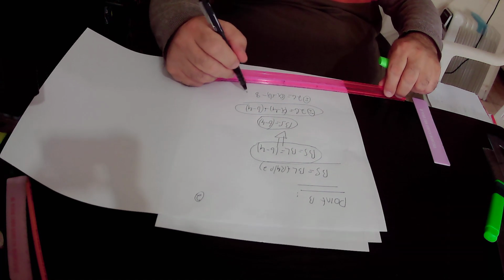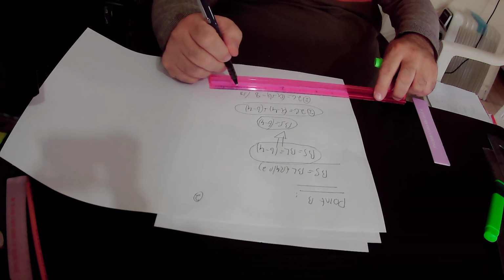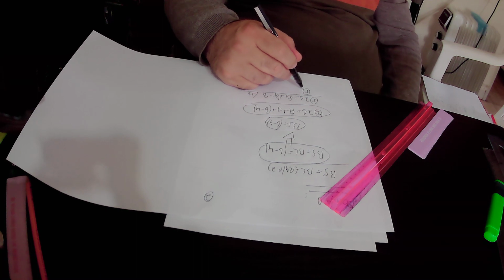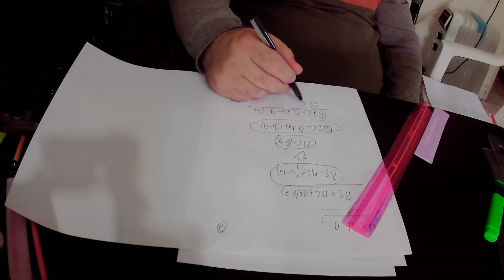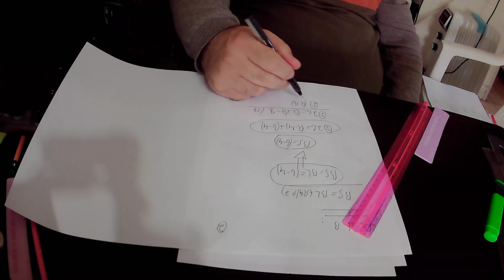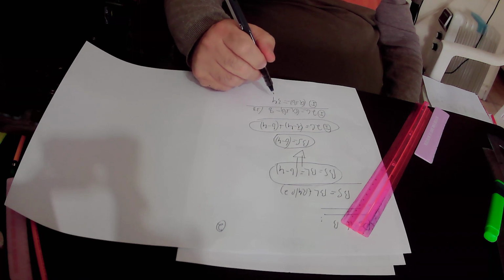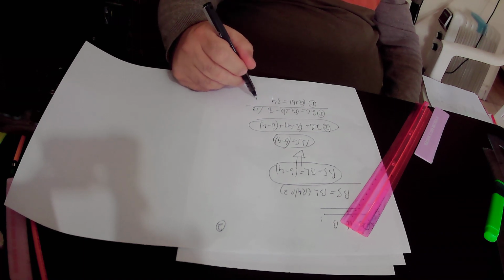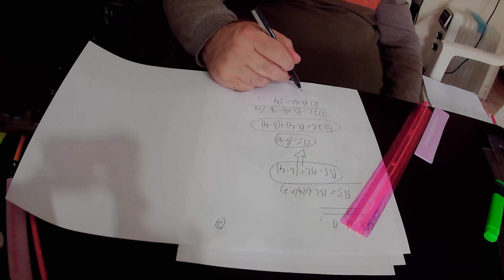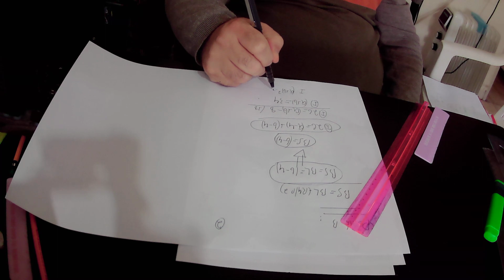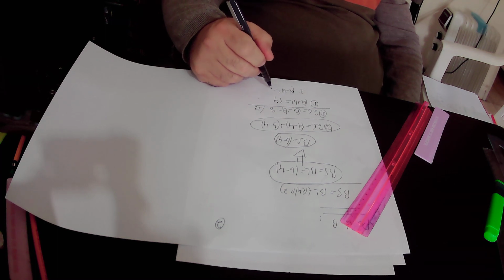Here we will add 8 to this equation, equation number 1, and we will get that according to equation number 1, A plus B equals 26 plus 8, that is 34 units. So here we'll square this equation, equation number 1, and we'll get that A plus B squared equals 34 squared, that is 1156.